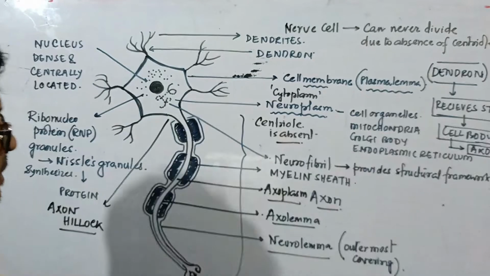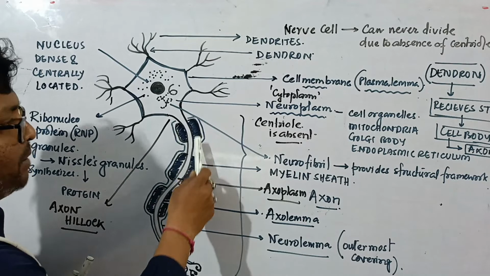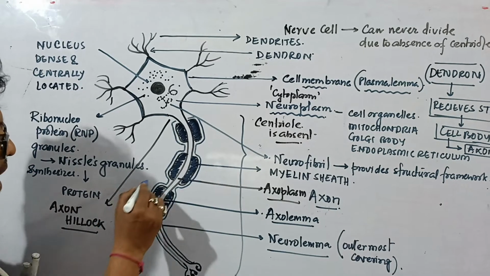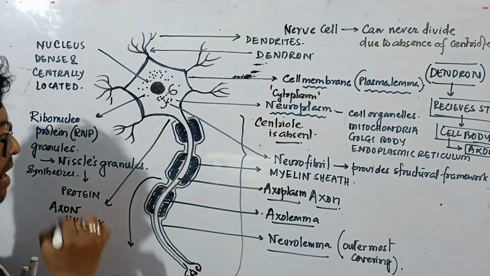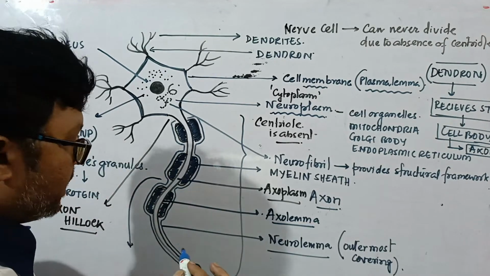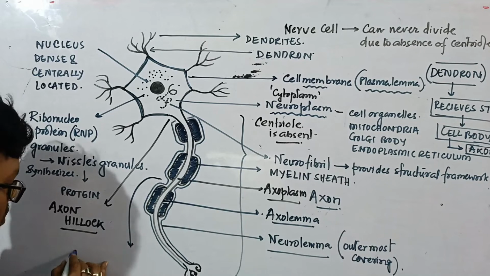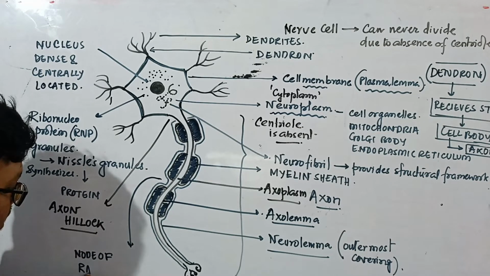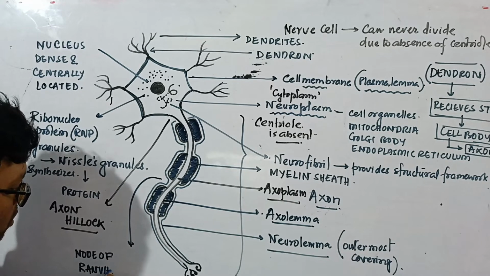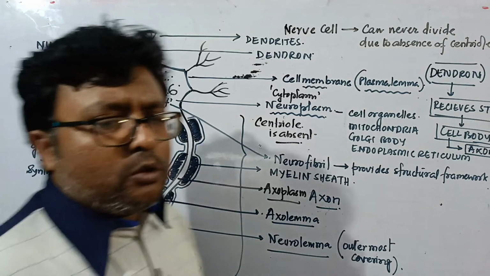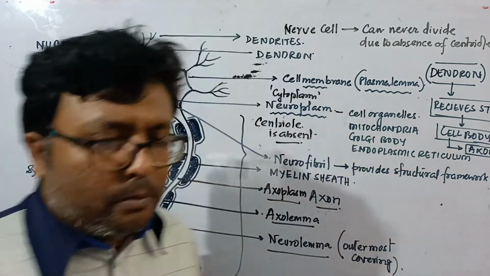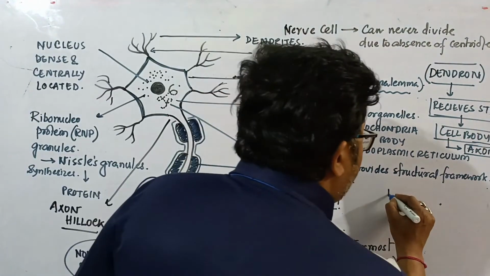So basically the space in between two myelin sheaths, as you can see, this space is known as node of Ranvier.